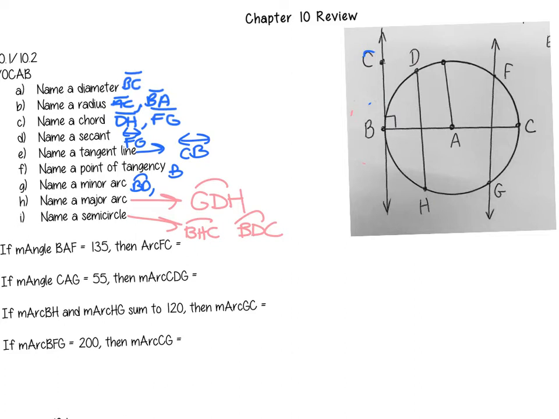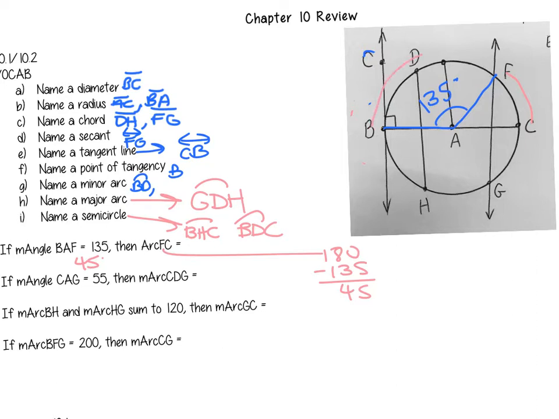They don't lead into each other. BAF is 135 degrees, and the question is, what is arc FC? So what would be this arc here? 180 minus 135, and I'd get 45, which would be that missing arc.